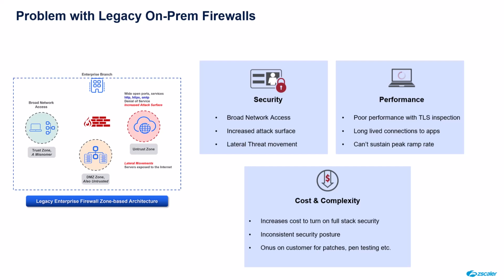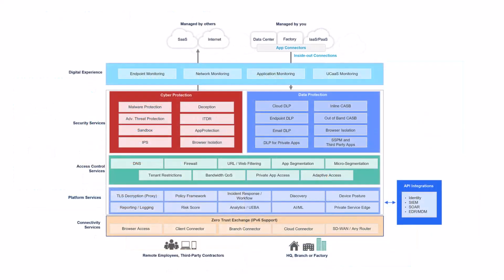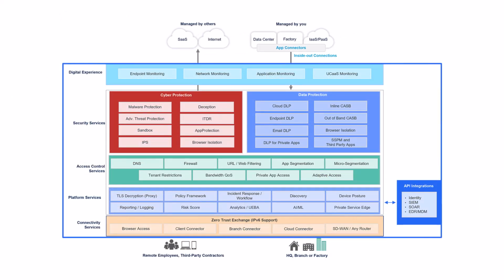Now, let's look at how Zscaler's Zero Trust Exchange platform enables customers with a full stack of security services, all the way from connectivity services, platform services, access control, security, even including digital experience, and how customers can benefit from this.